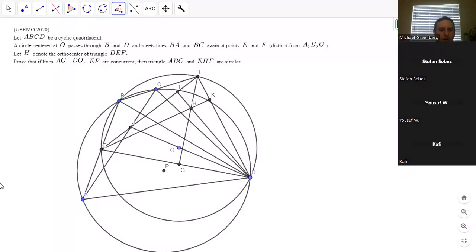Maybe EFH is BCA, right? EHF and ABC, it's easy to prove those are equal. Yeah, I know for that, but we should prove that EFH is BCA. Yes. Yeah, okay.